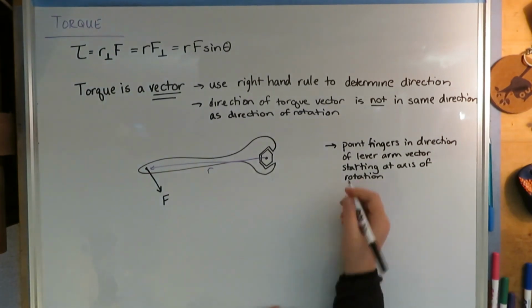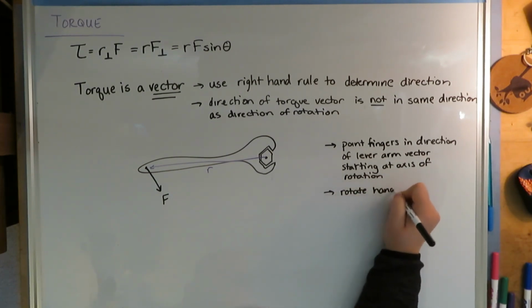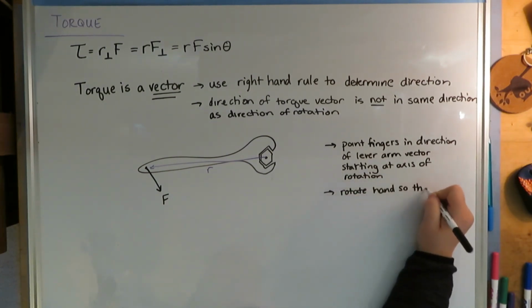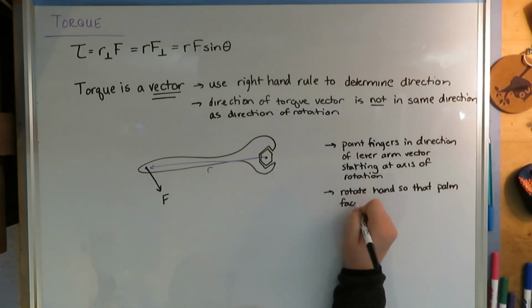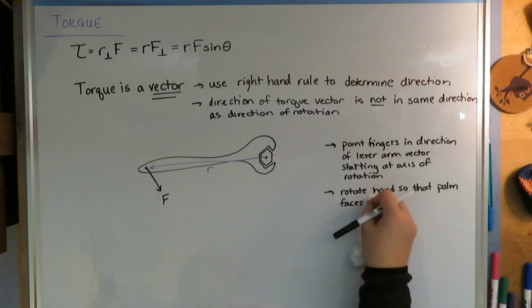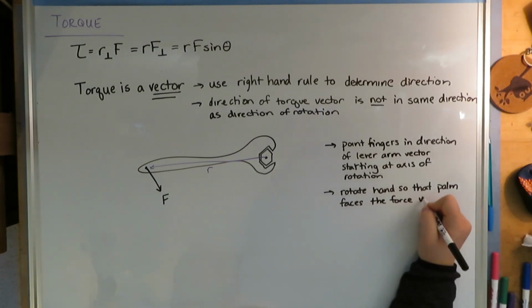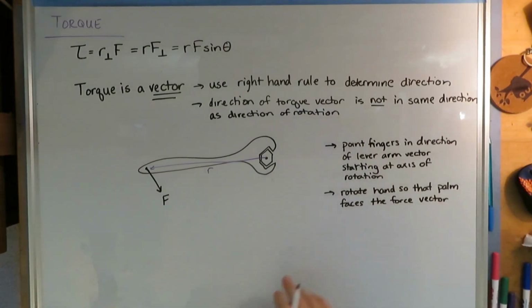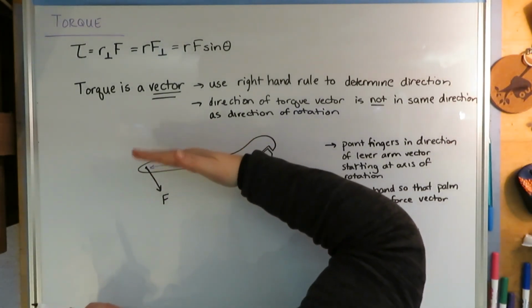The next thing you do is rotate your hand so that your palm faces the force vector. So if I'm here, I'm going to have to rotate my palm so that it faces the force vector.